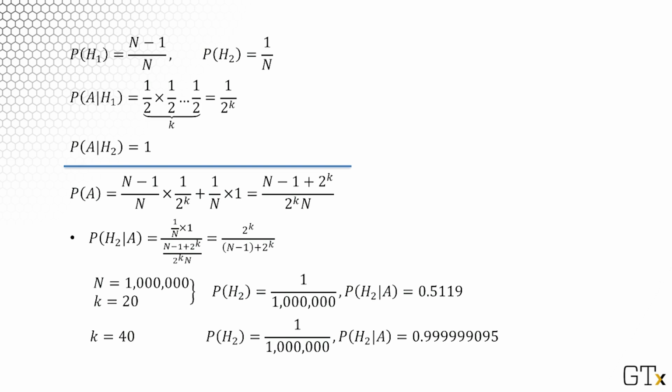I set two hypotheses. H1 is that the coin is fair, and H2 that the coin is two-headed. Probability of H1 is n minus 1 over n. All but one are fair, and probability of H2, that the coin is two-headed, is 1 out of n. Now let's take a look at the probability of k heads in a row if you have a fair coin.